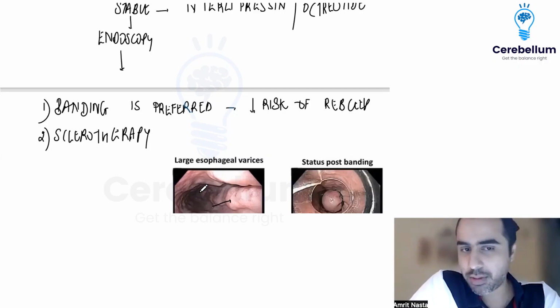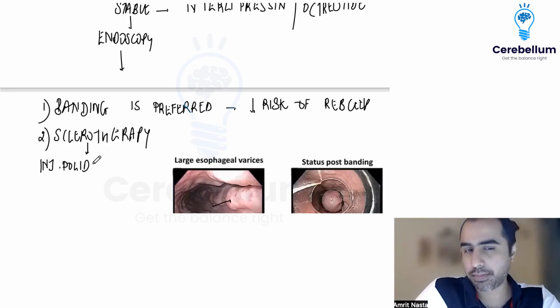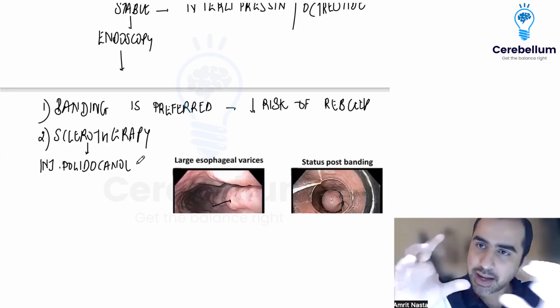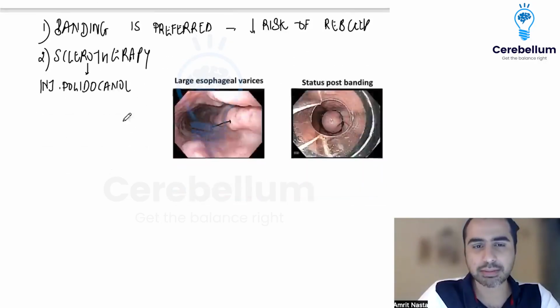That is called sclerotherapy. So I inject some drugs in the varix, like polidocanol, which I will inject into the varix, then it will shrink, it will get fibrous. Most of the times this works.